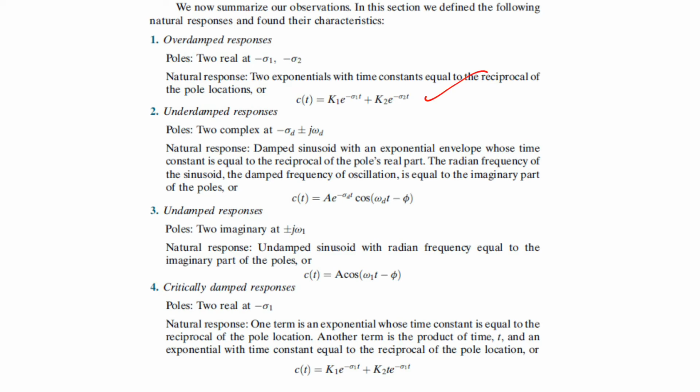If we get two complex poles, then we get the underdamped response. And if we get two imaginary poles, then the solution would be like that, and we get the undamped response. And critically damped, which is the fastest, if we have two equal real poles, then we get the critically damped response.